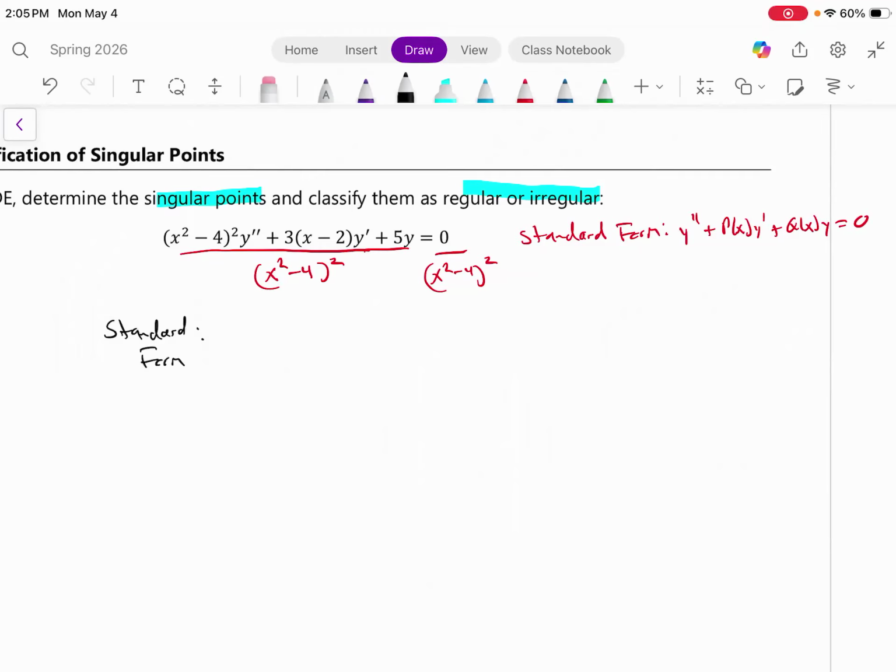All right, so what we would have is y double prime plus 3 times x minus 2 all over x squared minus 4 squared, plus 5 over x squared minus 4 squared, equals 0.